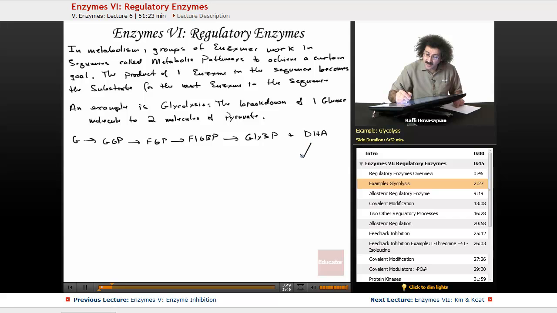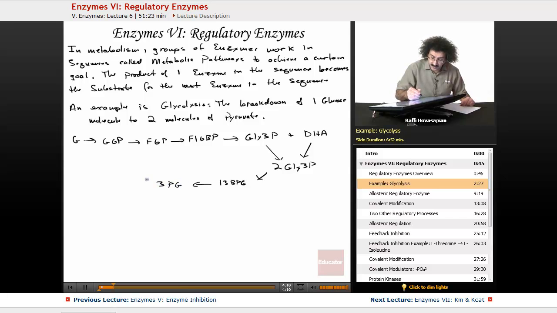The dihydroxyacetone is converted to another molecule of glyceraldehyde 3-phosphate. So now we have two glyceraldehyde 3-phosphates. This goes to 1,3-biphosphoglycerate, goes to 3-phosphoglycerate, goes to 2-phosphoglycerate, goes to phosphoenol pyruvate, and then finally we have our pyruvate.